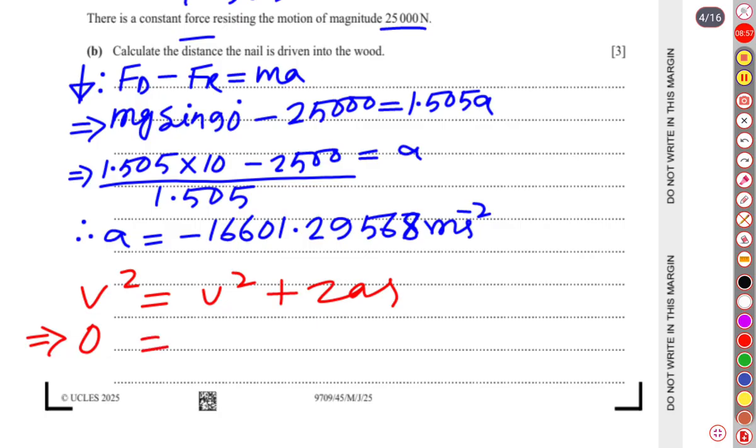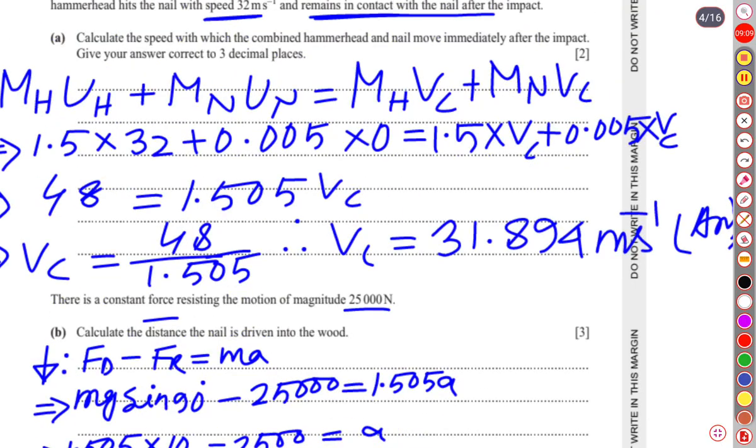Initial velocity was 31.894. From the previous question, we can use this. This is our initial velocity while it hit.